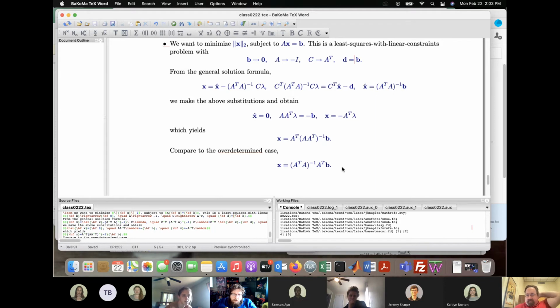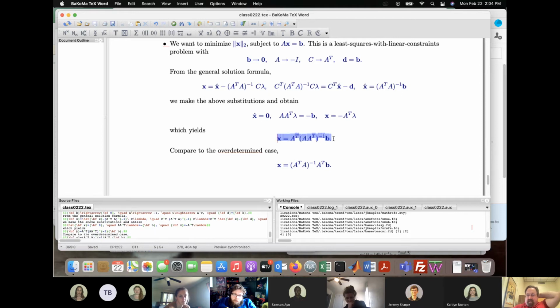Another way to solve it, which would take a bit longer, is to use Lagrange multipliers directly: you form that function f, take its gradient and try to make it 0, and that would be another way to arrive at this formula.